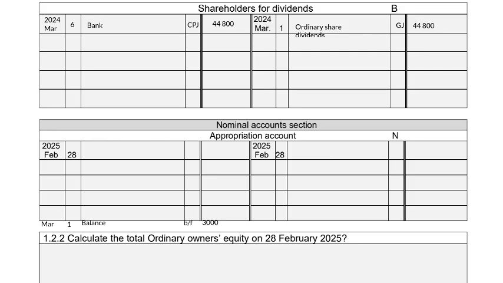So on the credit side, September the 9th, we're going to write ordinary share dividends.